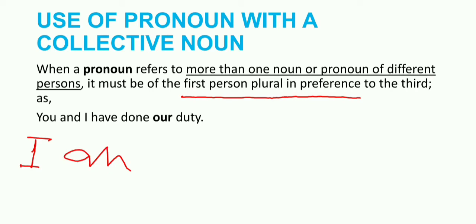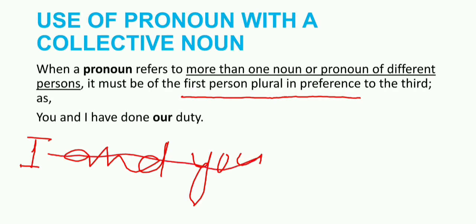I and you will be incorrect. Keep in mind, this is incorrect, we cannot say that. The correct usage is you and I have done our duty. So the use of the pronoun refers in the preference will be given to the first person plural. Keep in mind this one.